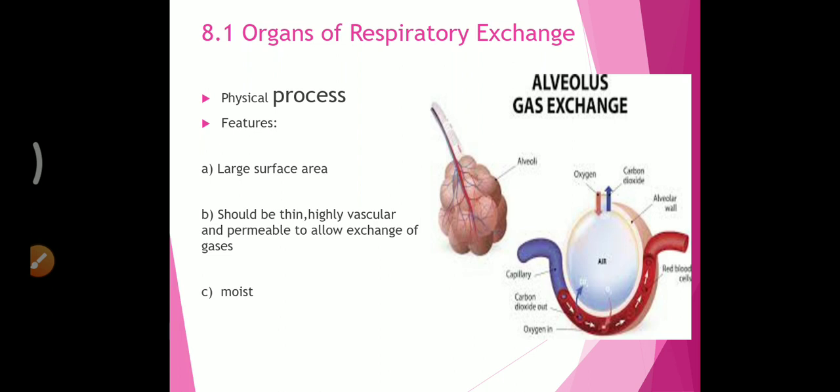In the picture on the slide, you can see the alveolus and gas exchange. I hope you remember the respiratory system. The nostrils open into the pharynx, after that the larynx is present, and next the lungs. The lungs have alveoli, which are air sacs.